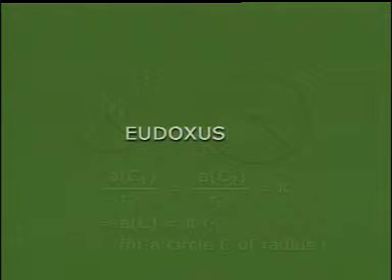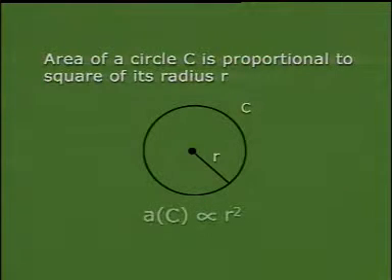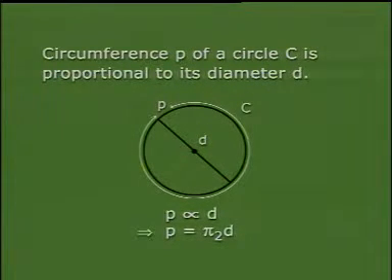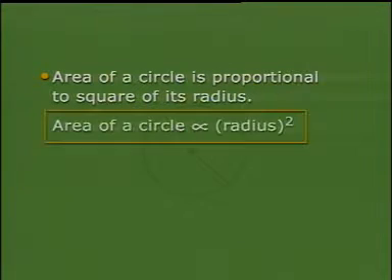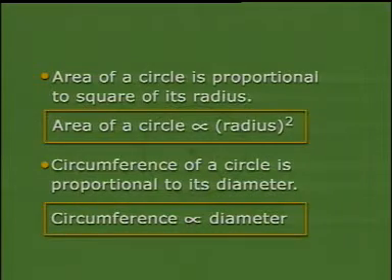However, long before Eudoxus, it was known that the area of a circle is proportional to the square of its radius, and its circumference is proportional to its diameter. But the fact that the proportionality constants, say pi, in these two cases are the same was not known.